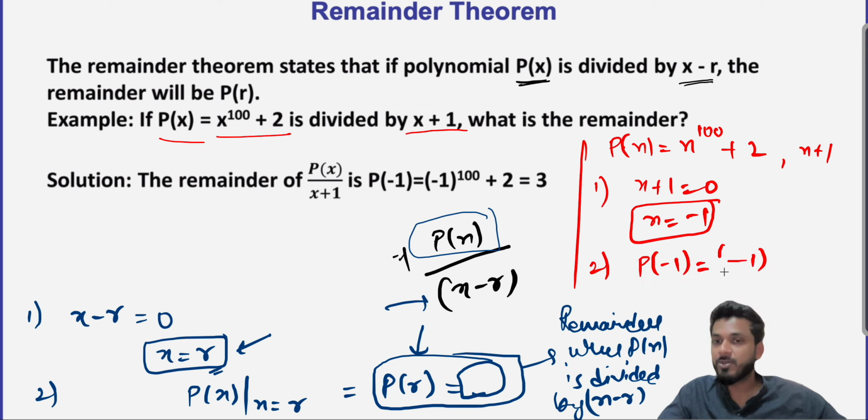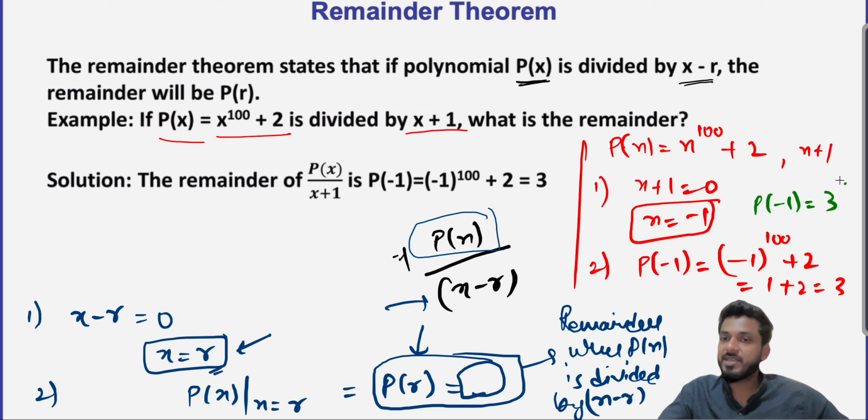So it is minus 1 to the exponent 100 plus 2. Minus 1 to an even power will be plus 1, and plus 2, so that means 3. So finally we can say that p of minus 1 is 3, or when we divide this polynomial by x plus 1, the remainder will be 3.